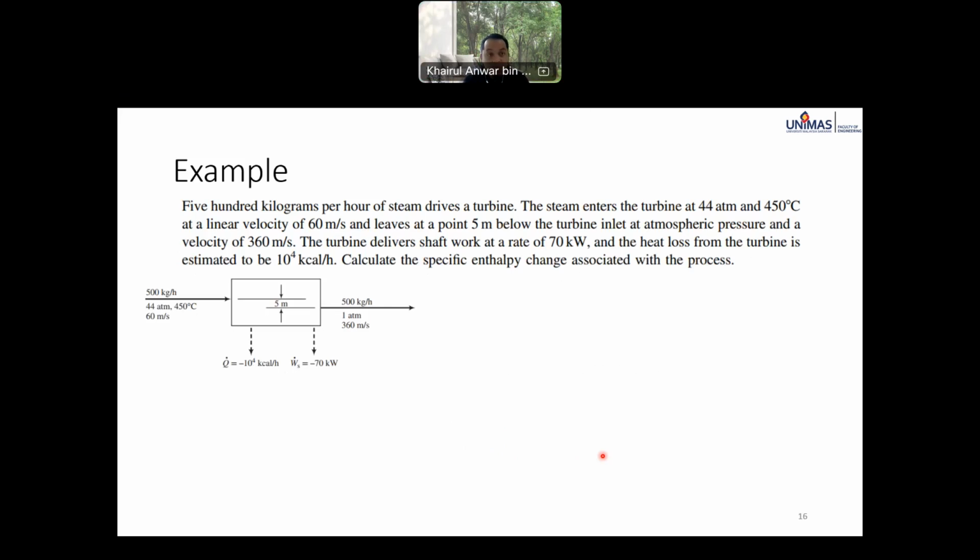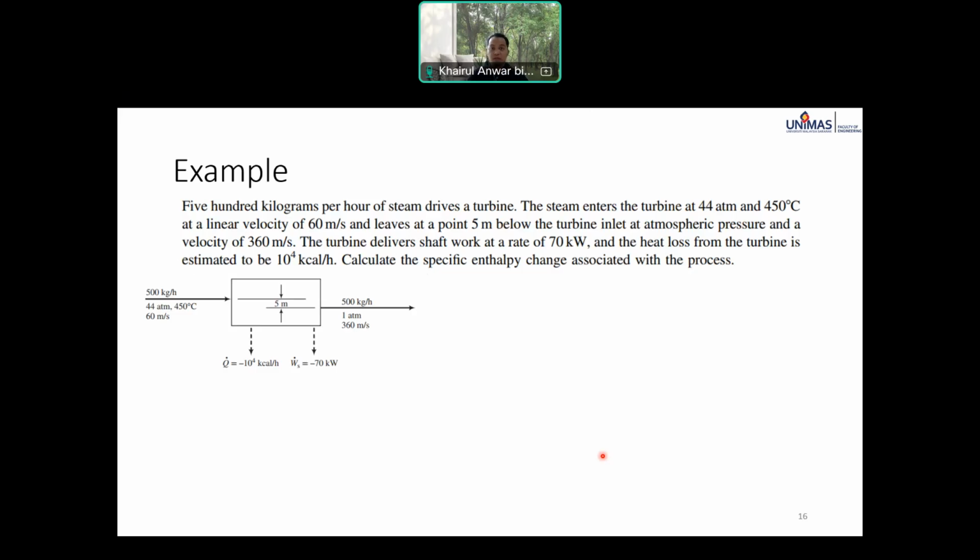500 kilogram per hour of steam drives a turbine. The steam enters the turbine at 44 atm and 450 degrees C at a linear speed of 60 meters per second. It leaves at a point 5 meters below the turbine inlet, at atmospheric pressure and a velocity of 360 meters per second.